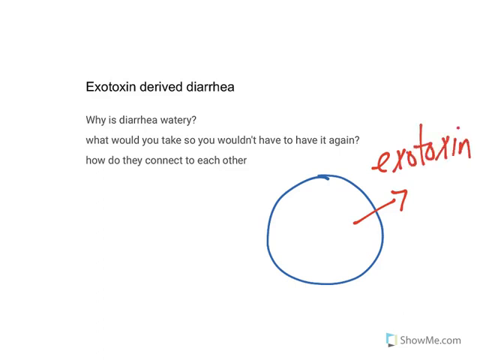The exotoxin is merely just a protein, so it's a toxin. This is how poisons work too. And so the toxin is secreted, and let's say the toxin looks like this. That's what the exotoxin looks like.